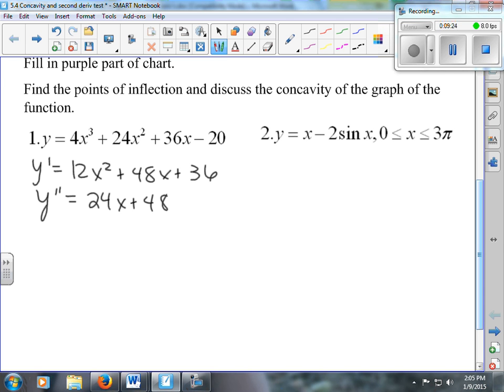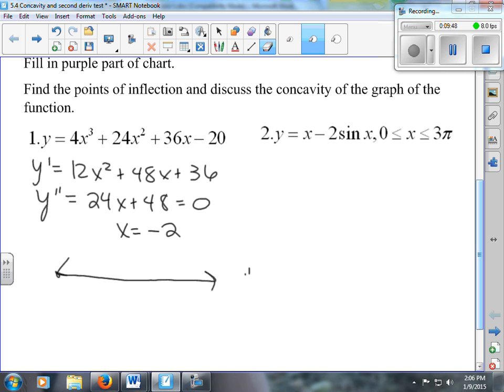And this is going to be 24x plus 48. Now I find the critical points here, so I set this equal to 0, and I get negative 2 as my critical point. Now I'm going to set up a sign chart. I'm going to label my sign chart y double prime, because I'm caring about the sign of the second derivative.